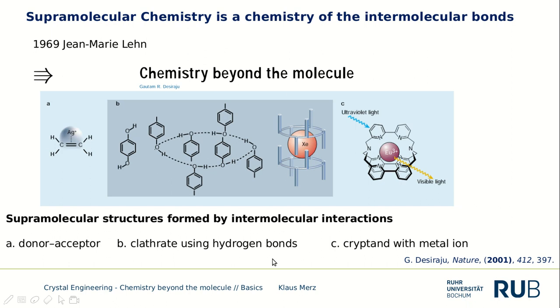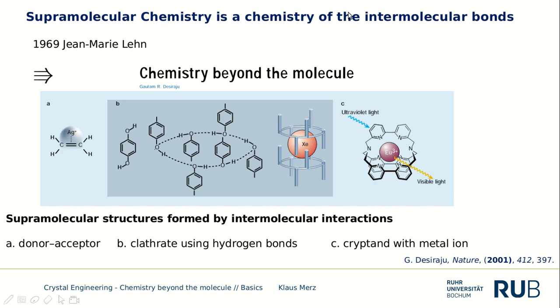And you can use this clathrate as a host for gas, for example, you see it for noble gas. Or another thing, here you have a cryptand, and inside is a metal ion, and you can use this. These are usable applications.